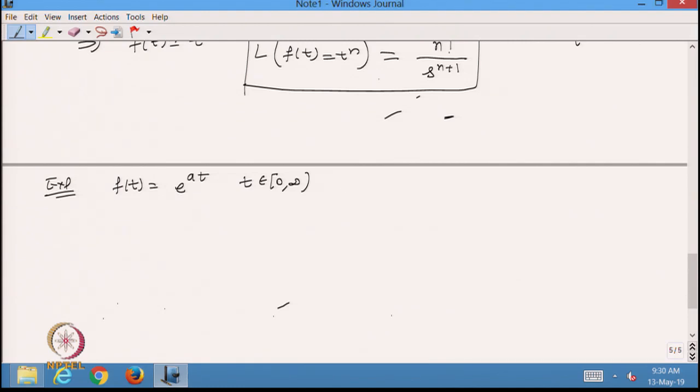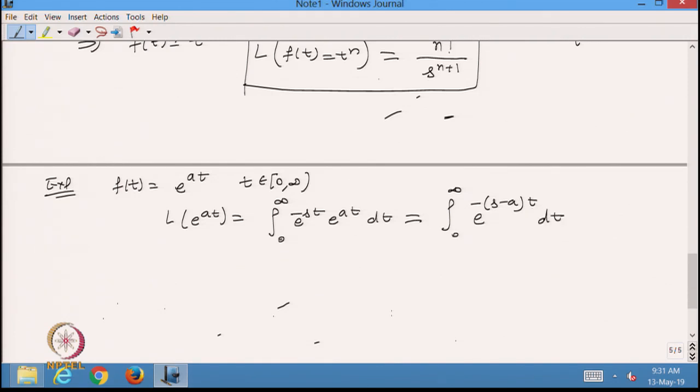In that case, if I want to define the Laplace of e raised to a t, it will be the integral from 0 to infinity of e minus s t e a t dt, where a is a real number. So, from here I can write e raised to power minus (s minus a) t dt.